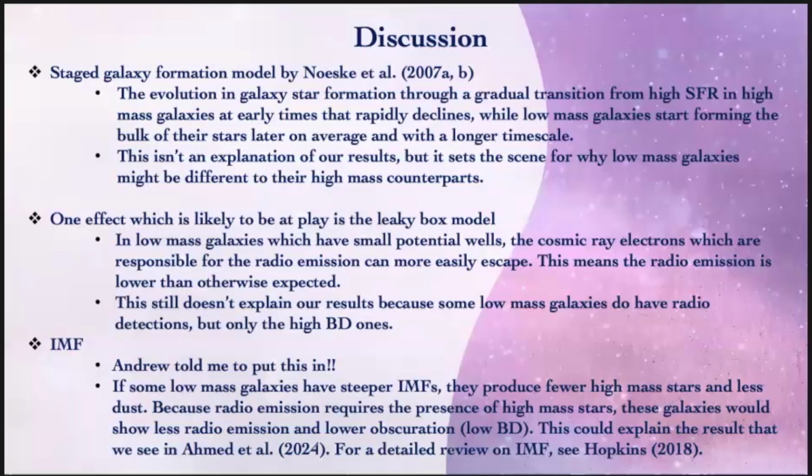And this speculation is qualitatively consistent with the results that we see here, as well as analysis done by others, such as Gunawardhana 2011. They found that low mass, low star formation galaxies tend to have an IMF lacking in high mass stars compared to their higher star formation counterparts.